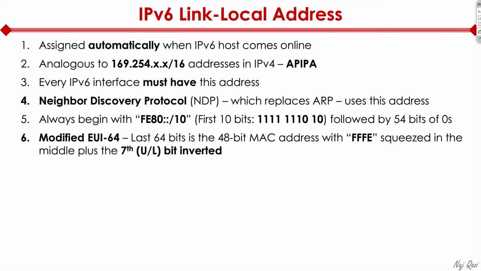And what that means is we take the last 64 bits in the IPv6 header, and we also look at the MAC address of the machine, and the MAC address is 48-bit, and we manipulate those bits. To explain this better, let me quickly jump on the CLI so you see what I'm talking about.